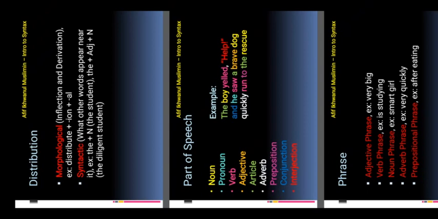You can see that the is an example of an article. Boy, dog, rescue, they are all nouns. Yelled, saw, run, they are all verbs. We also understand that there are regular and irregular verbs, and also present, past, participle, and so on.